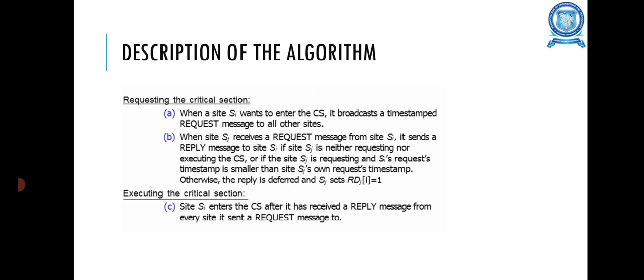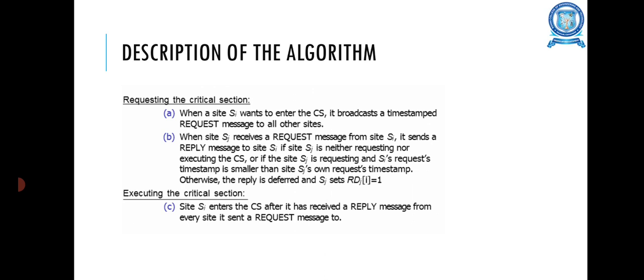The description of the Ricart-Agrawala algorithm. In this algorithm, these are the steps. First step is requesting the critical section. When a site Si wants to enter the critical section, it broadcasts a timestamped request message to all other sites.